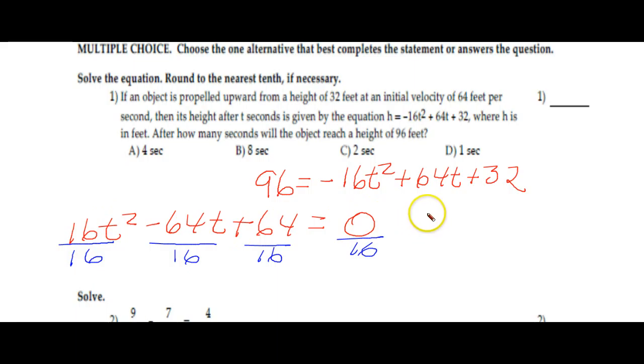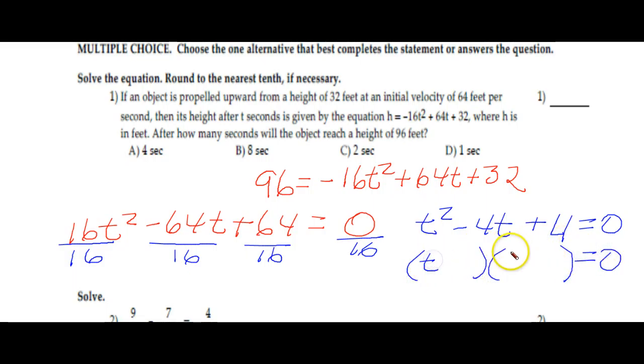So this then becomes t squared, this becomes a negative 4t, and this becomes a plus 4 equals 0.